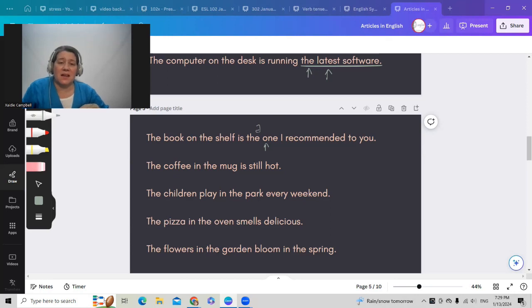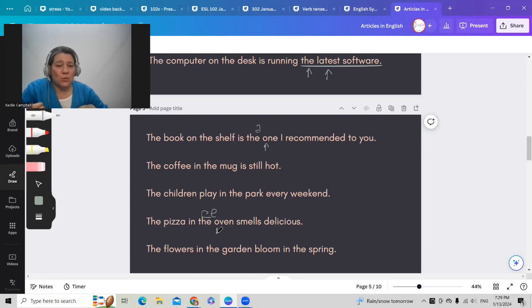The pizza in the oven. Here we have a the. The pizza in the oven smells delicious. The pizza in the oven, because oven is a vowel sound. So this one is an O, but it says one. This one is an O, but it says oh. There's a difference.